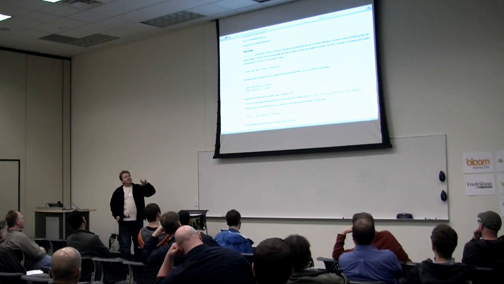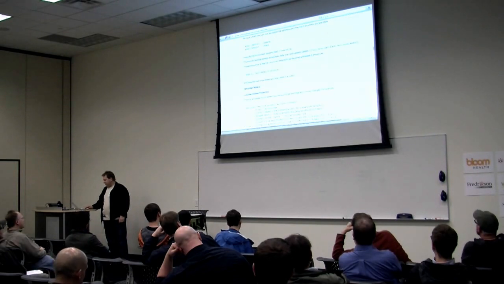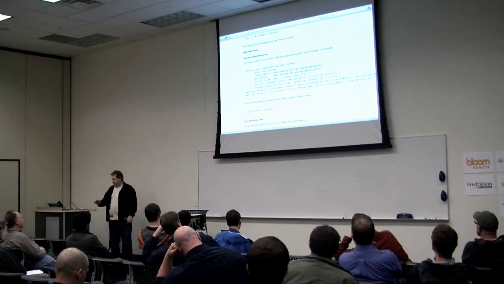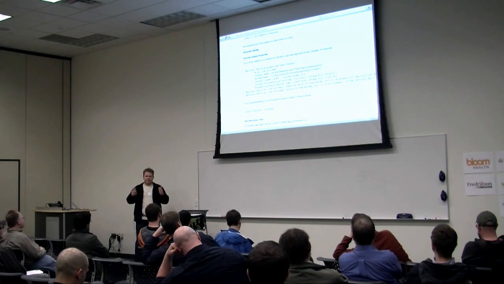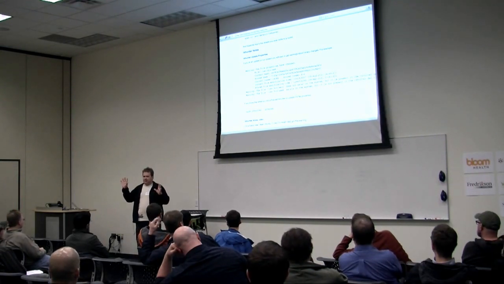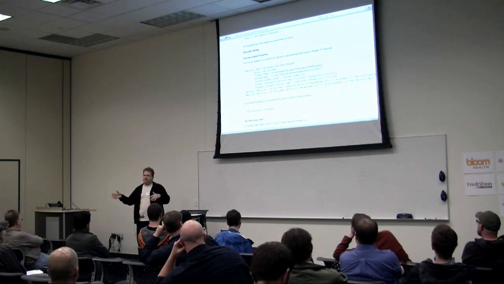After you run that, you want Rootkit Hunter to do some interesting stuff. The first thing you do is run update properties, and when it inits, it does a bunch of cool things. How many people are familiar with file system monitoring? It basically just makes sure that stuff that shouldn't be changed hasn't been changed.